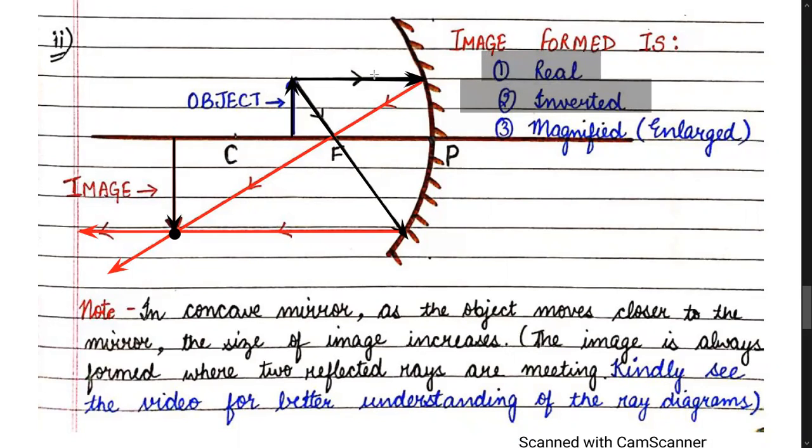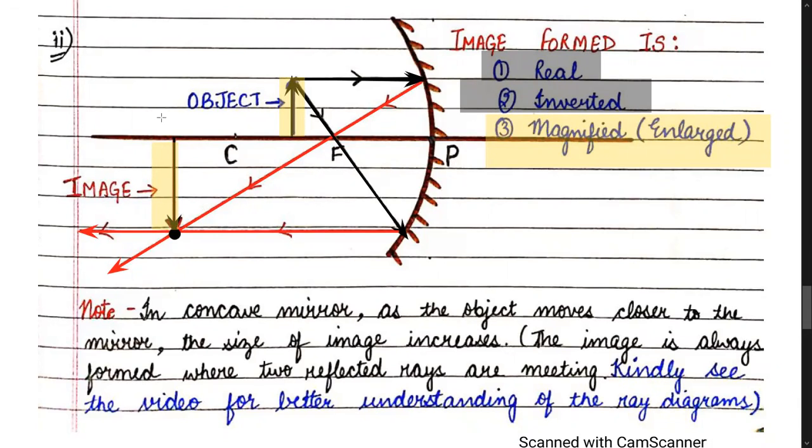And if we compare the size of the object with the size of the image, what can you see? See, the size of the object is 2 lines, which I have taken, and the image is made up of 3 lines. So the image formed is magnified, or we can say the image is enlarged. So students, what is occurring here?